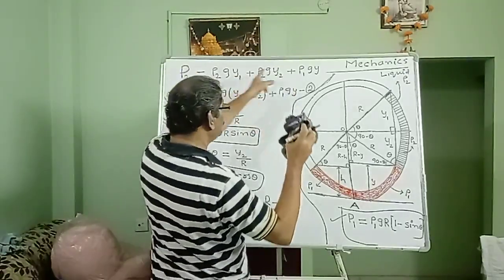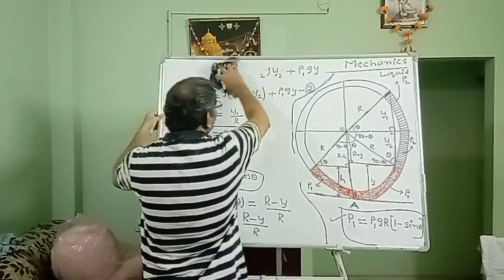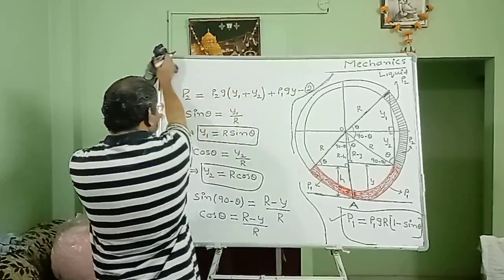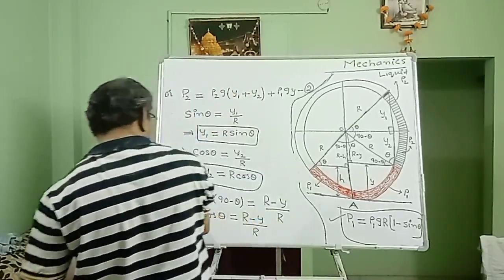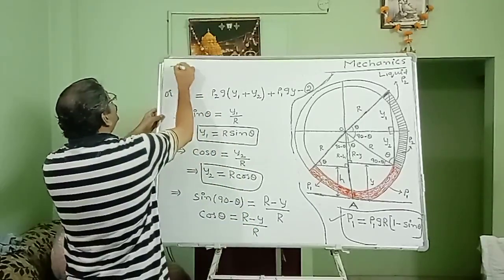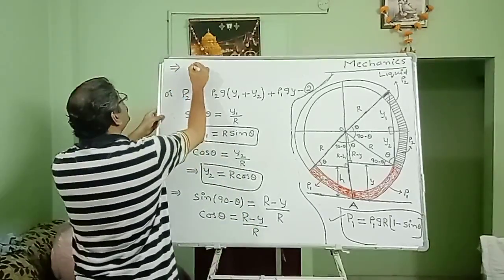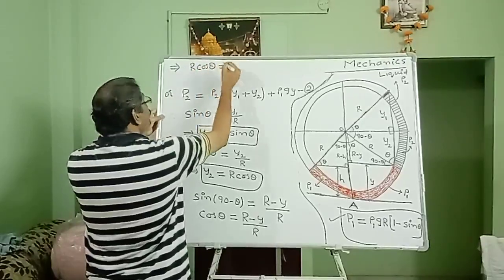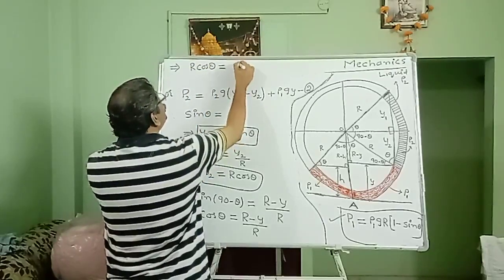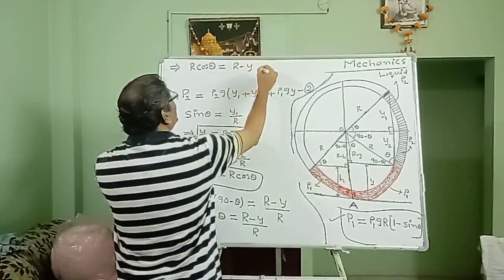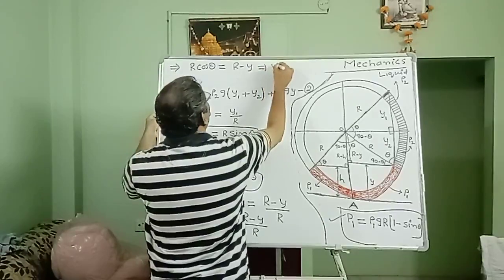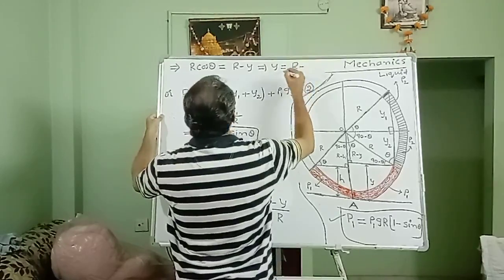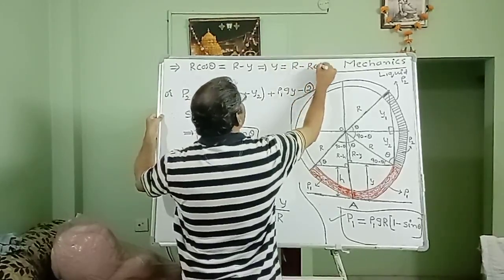For that I can remove the first equation. Now we require the equation number 2. Now you cross multiply. On cross multiplication, we get r cos theta will be numerically equal to r minus y, which implies the value of y will be numerically equal to r minus r cos theta.